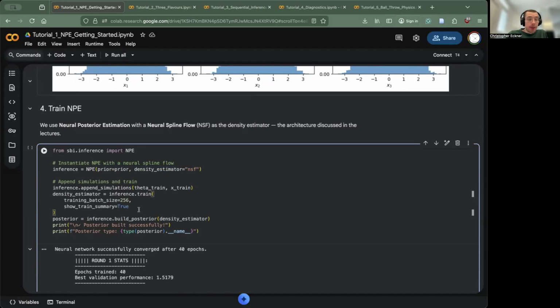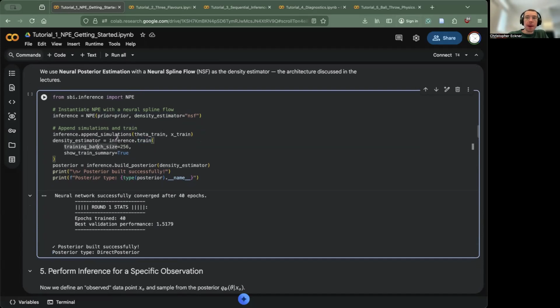You perform the training by adding the simulations to the inference module and then training it with its train routine. You can specify certain hyperparameters of the training as usual. They're documented on the SBI website. Here it's just a very simple batch size for this particular problem.